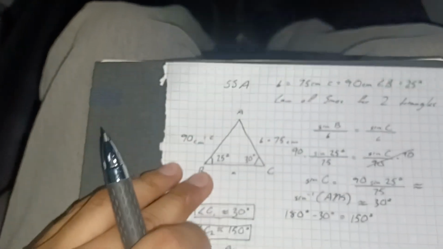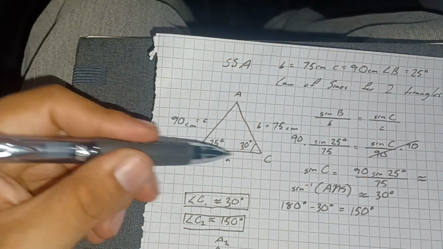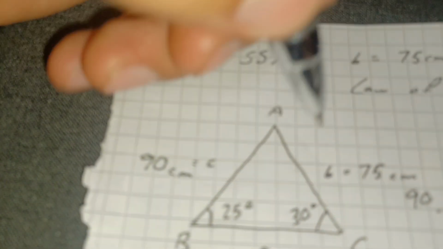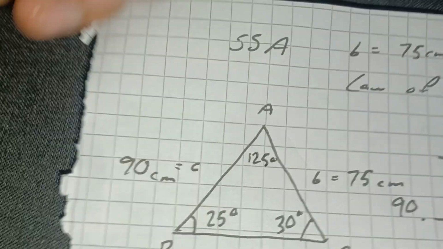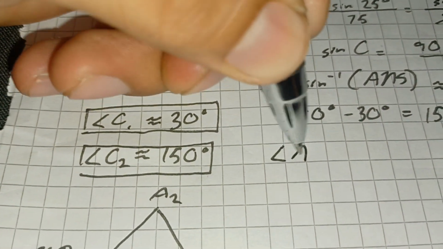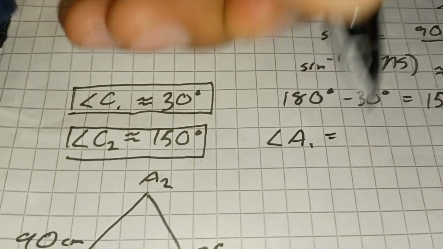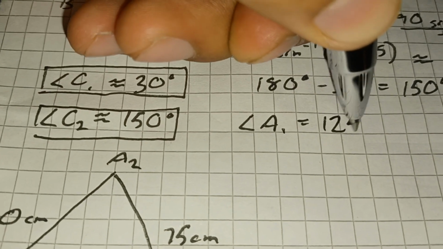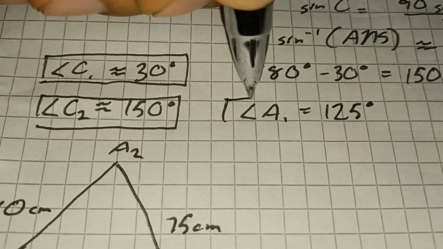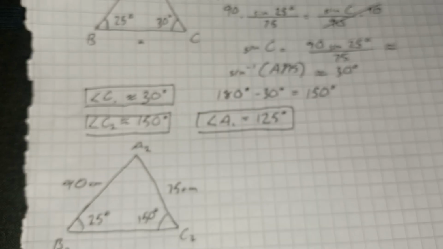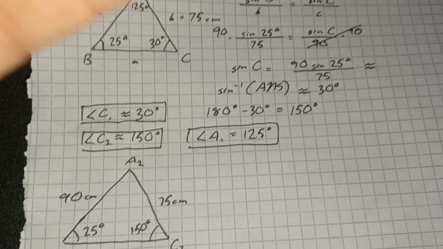That's for our first triangle, because we got 180 and subtracted these two to get 125. So our angle A1 is going to be 125 degrees. Let's label it right here. Angle A1 roughly equals 125 degrees, and this is 25 degrees.